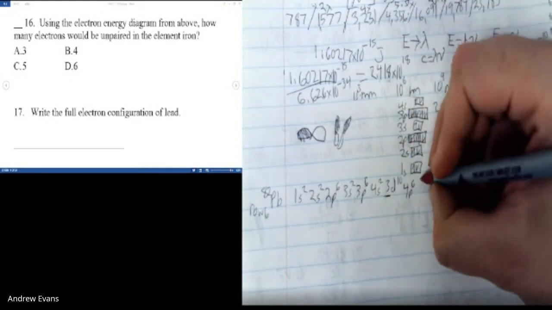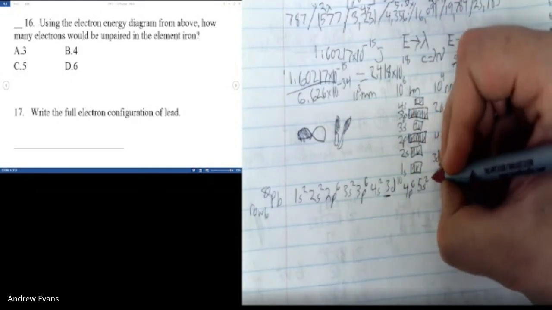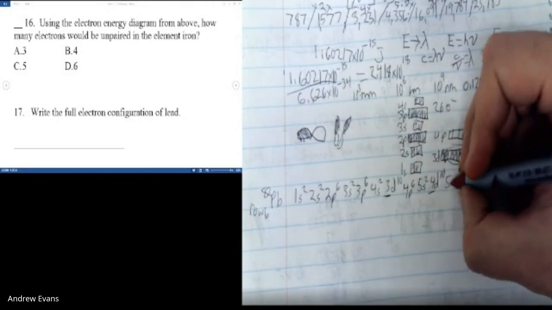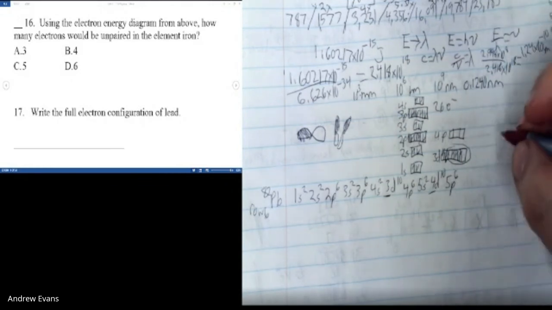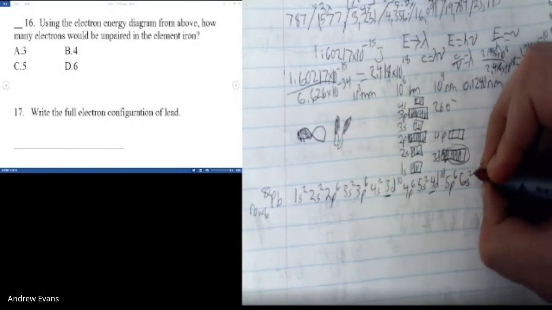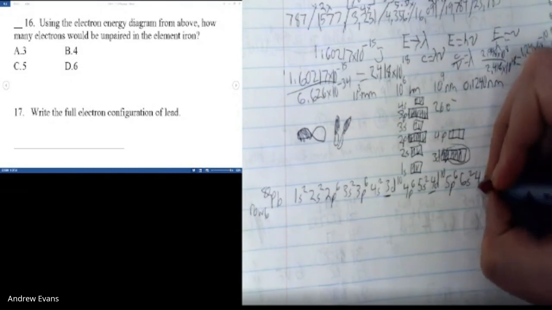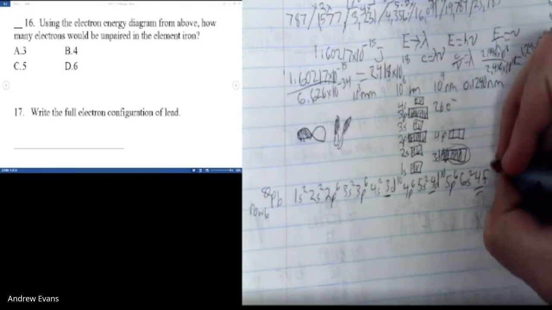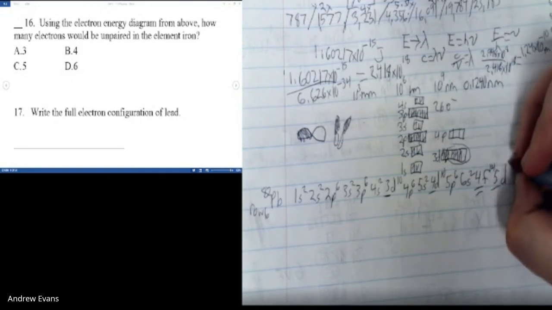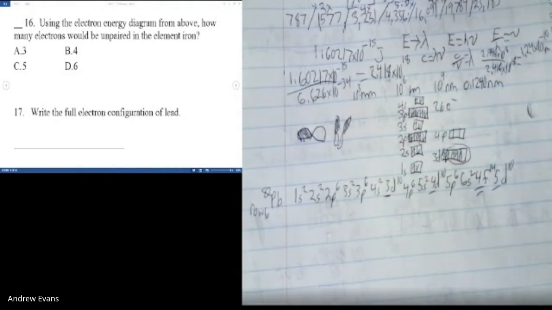Repeat for row 5: 5s2, 4d10, 5p6. Now we're finally on row 6, the one that actually matters. 6s2, 4f14, 5d10, and lead is 2 elements into the p.